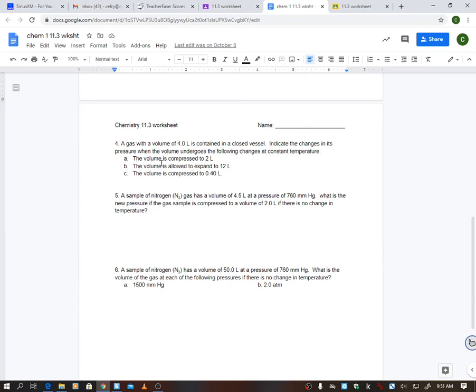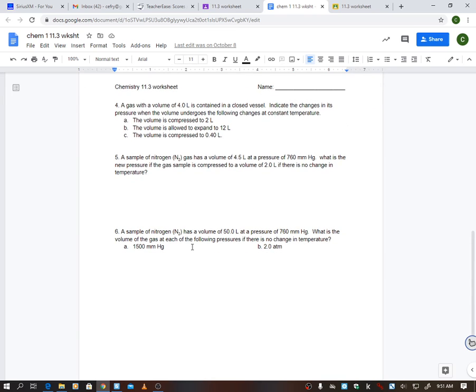Number 4 is the same thing. You're trying to tell me whether this is going to increase or decrease. If you look at A, my volume has decreased, so all you need to say is pressure increased. B, volume increased, so all you need to say is pressure is going to decrease. On C, my volume has decreased, so you're going to say pressure increased.